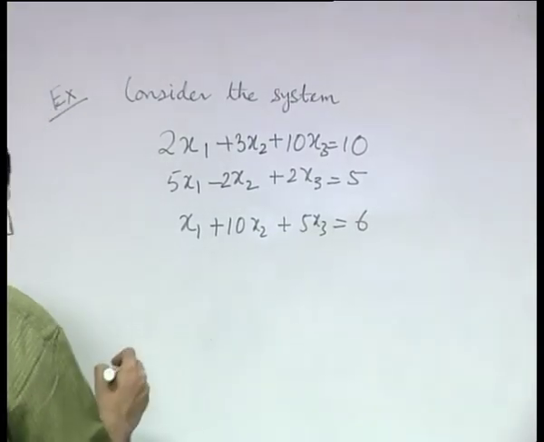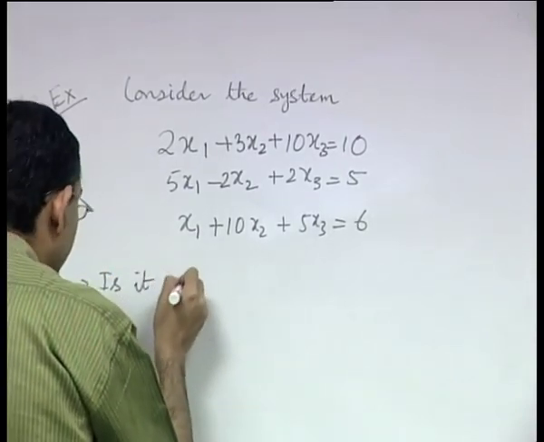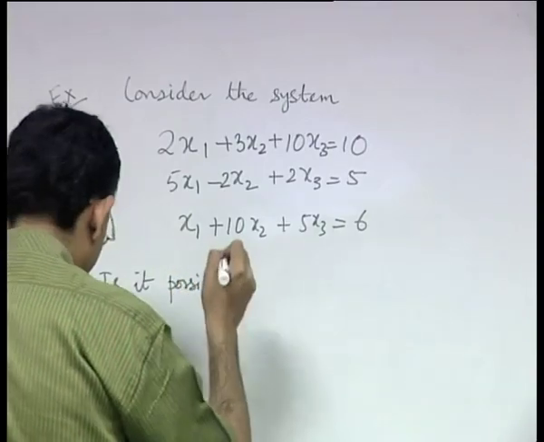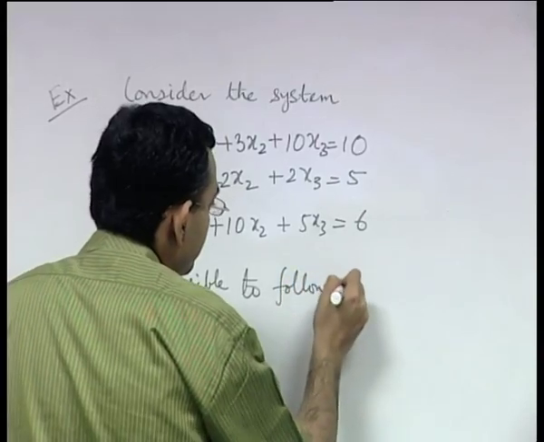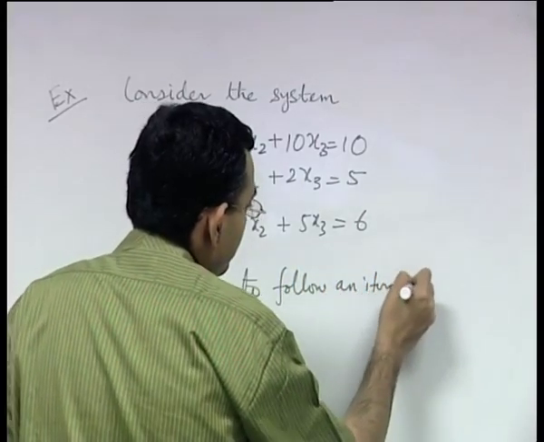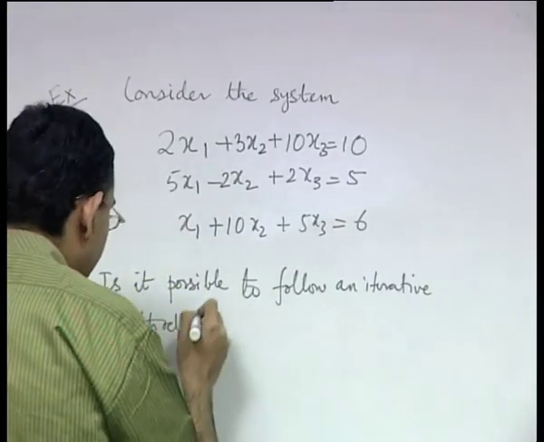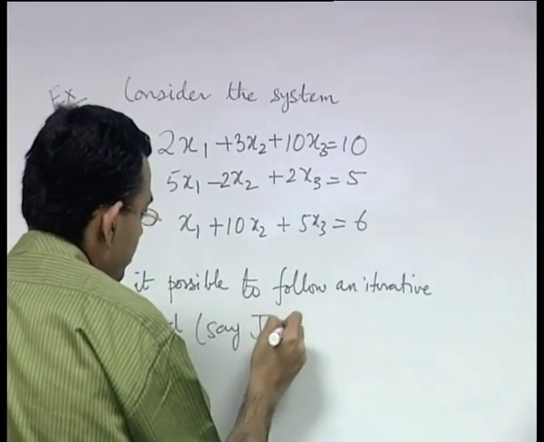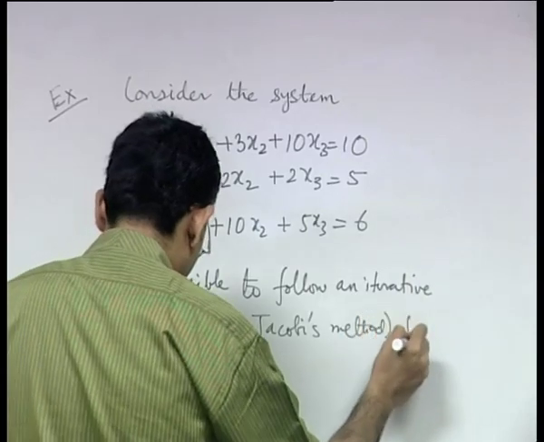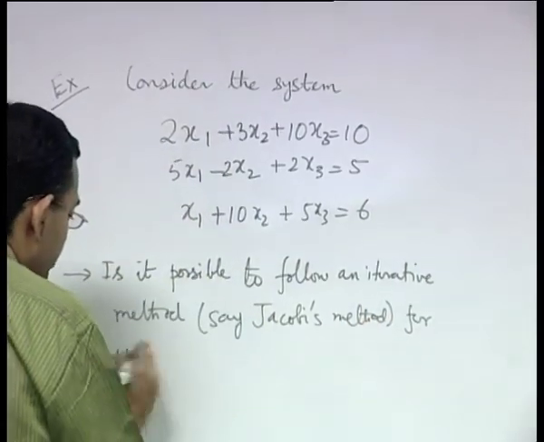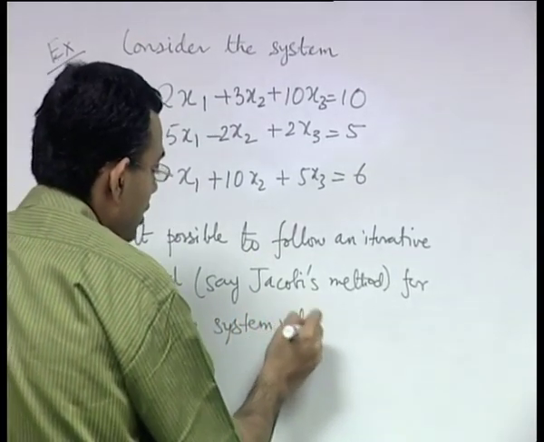The question is, is it possible to follow an iterative method, say Jacobi iteration, for the above system with guaranteed convergence?